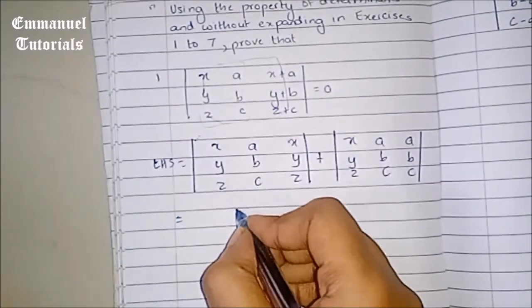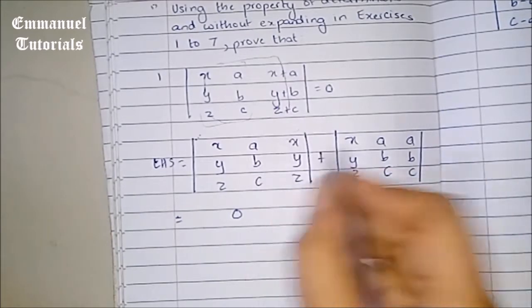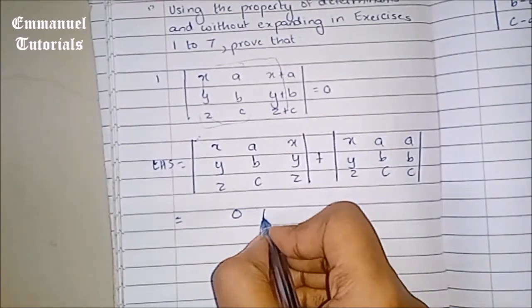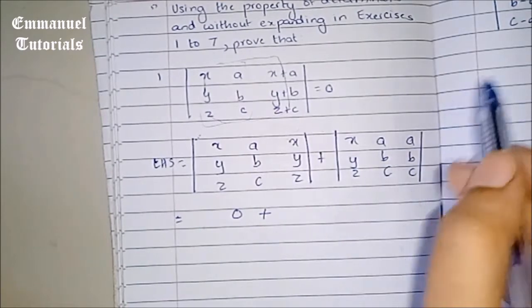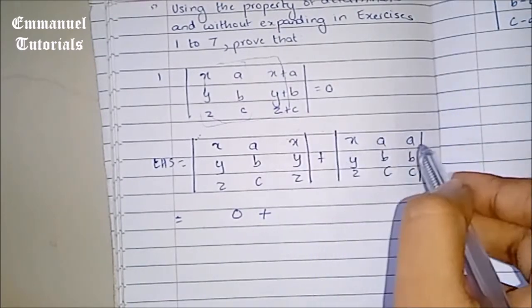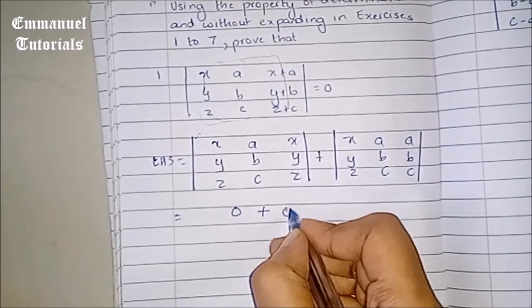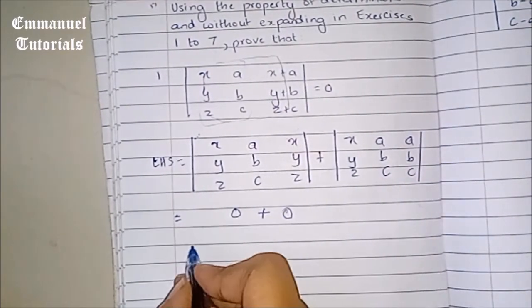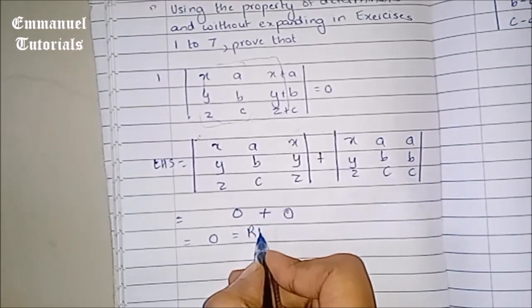So this is going to be equal to 0 because a whole column is the same. Similarly, in the next determinant, the second and third columns are exactly the same, a, a, b, b, c, c. So again, this determinant's value is going to be 0. Now 0 plus 0 is 0. So can we say that this is equal to RHS?